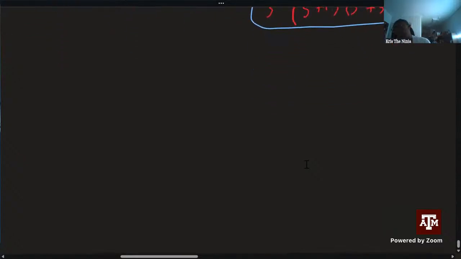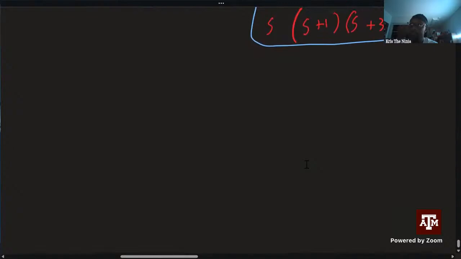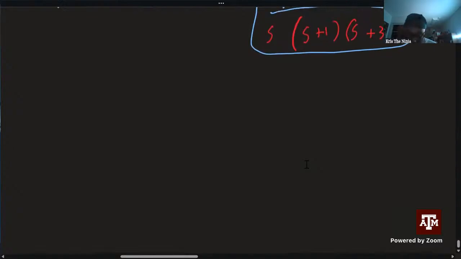So now we're going to have to split the function again to find how it adds up. So we'll have a C1. Oh, hold up.